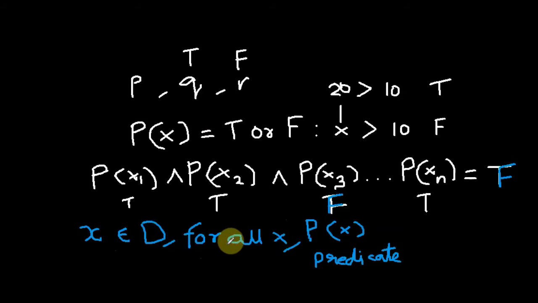I'm making a claim that for all the x in the domain D, the predicate P(x) is true. I don't have a single value which gives me false. For example, I have x1, x2, x3, and there is no single item I can input here where the predicate is false. Whatever x from the domain I take, if I put it in the predicate, it gives me a true value, and therefore the entire expression is true.